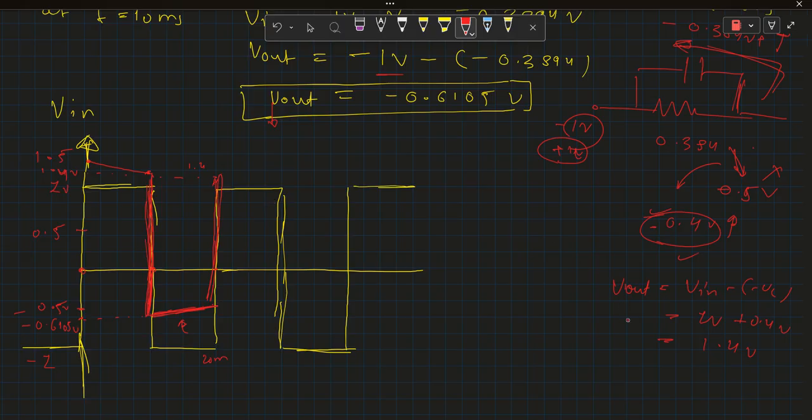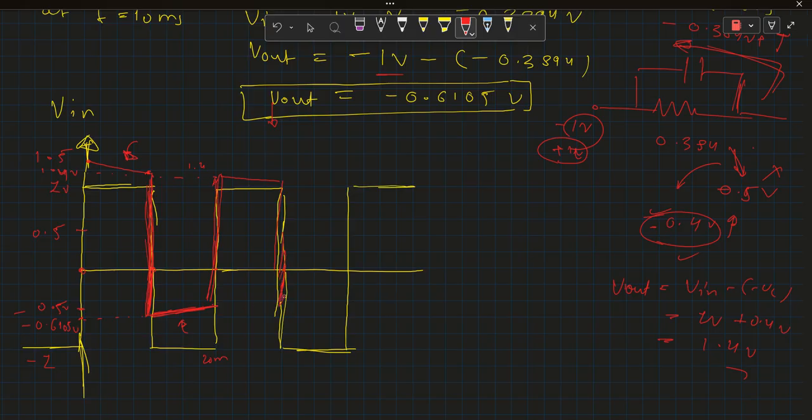Now the cycle repeats. The capacitor will discharge again. The discharging rate for this capacitor is slower as compared to this in this time frame. It will slowly decrease, and then the cycle repeats again.